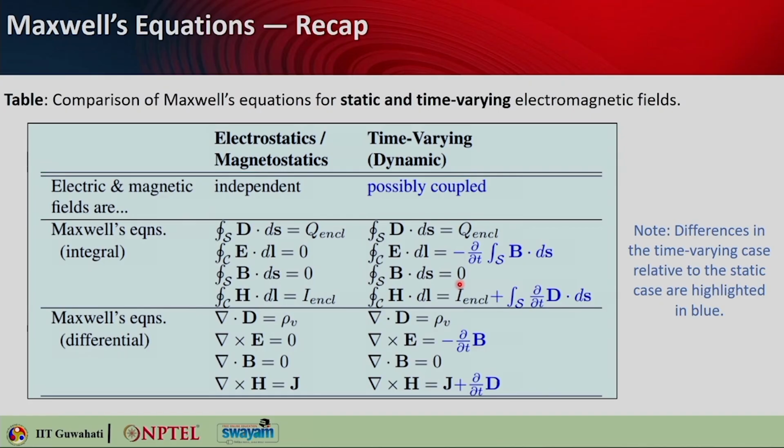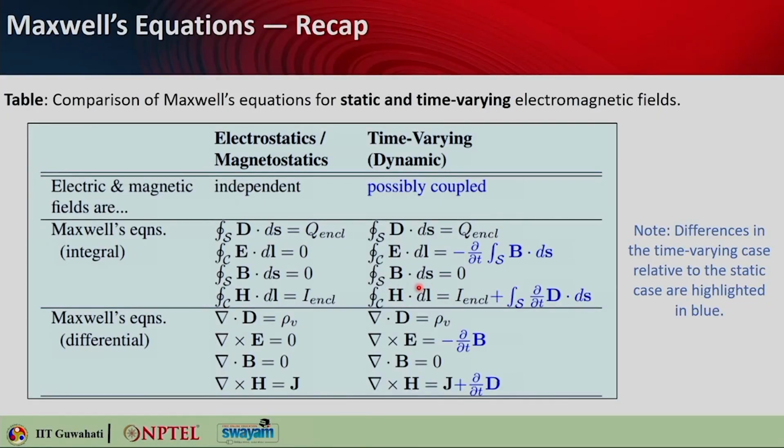Any magnetic field line entering the region enclosed by the surface must also leave the surface. It means that there is no magnetic monopole where the magnetic lines can terminate, and that is why we say that the surface integral B dot dS is 0.